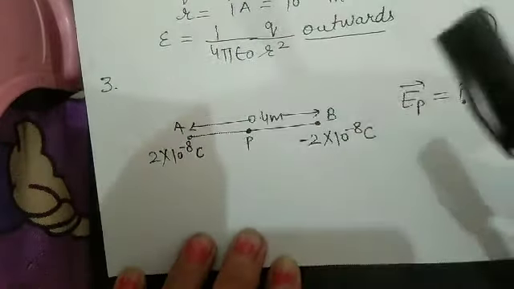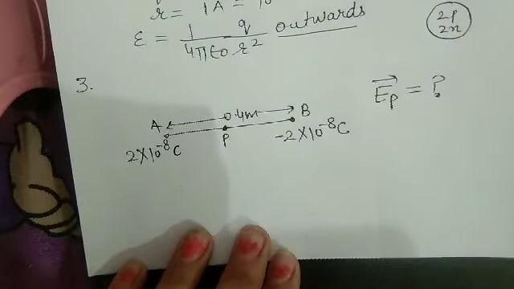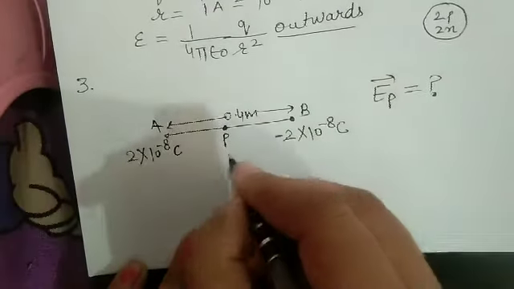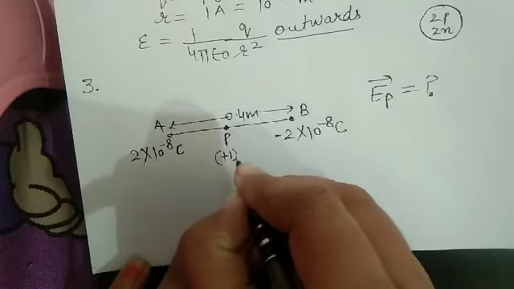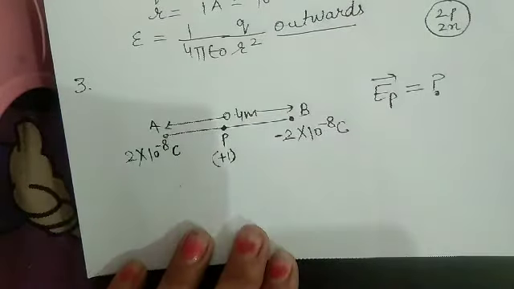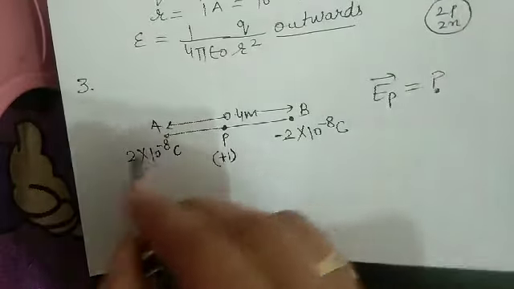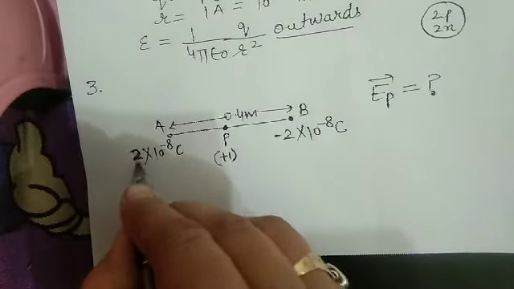Okay, now the electric field at P. Students, one concept you have to keep in mind: at the point where you want to find the electric field, suppose a unit positive test charge is present. For the direction consideration, I have positioned or supposed a unit positive test charge at point P. At this positive test charge, I have to find the electric field due to these charges.